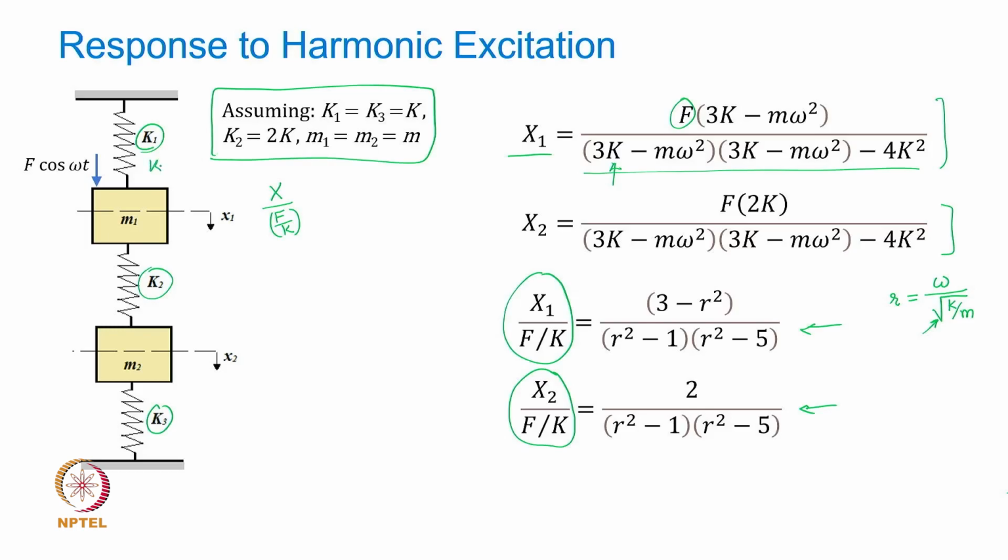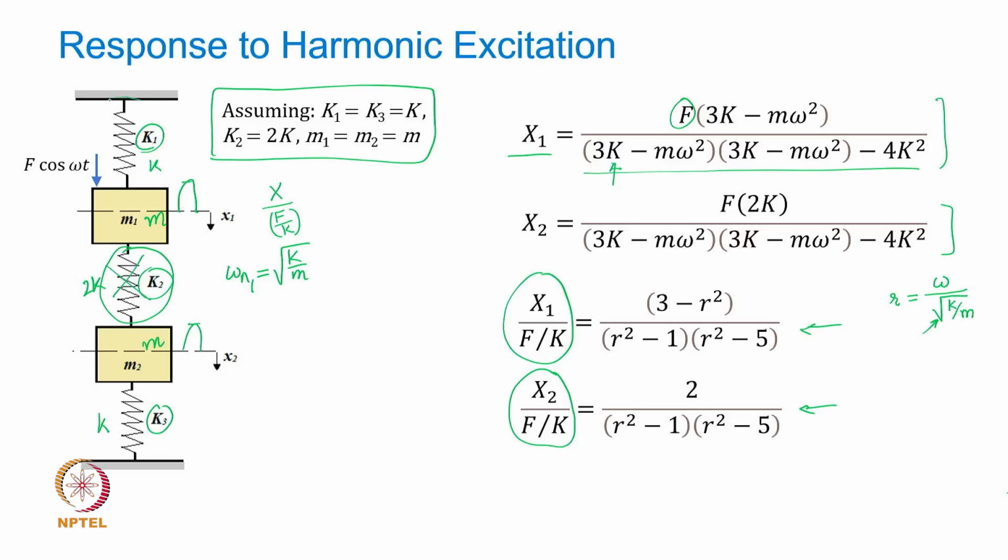When this was k, this was 2k, and this was k, this was m, and this was also m. The first natural frequency omega n1 or p1 was square root of k over m, because in that particular fundamental mode this spring was ineffective and both the masses were moving in the same direction with the same amplitude, so that this spring is ineffective.